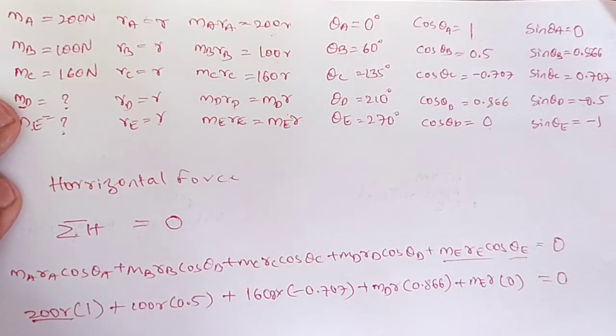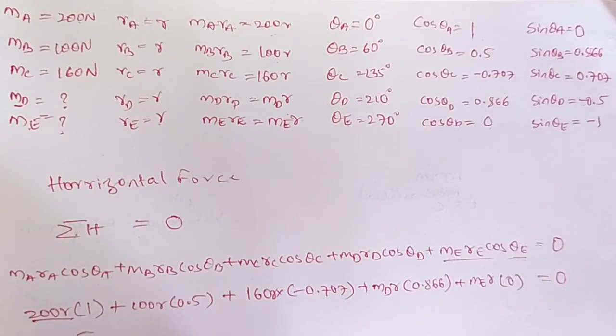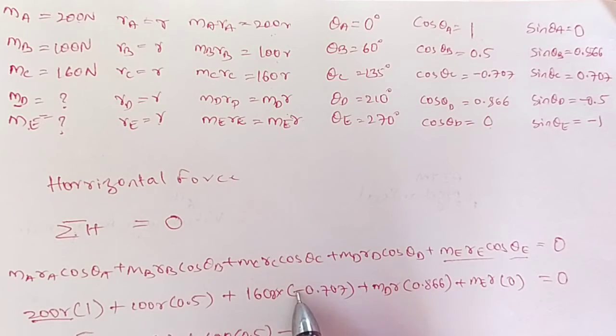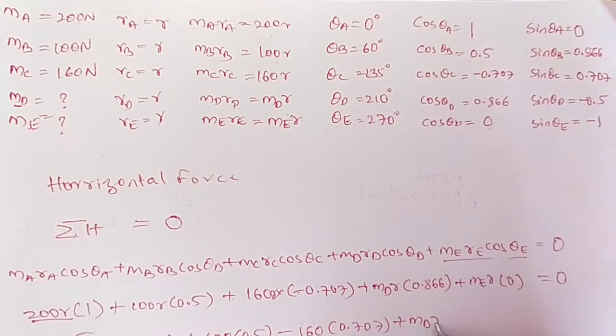I have just substituted the values. What is common in all terms? R is common, so I take R common outside. Minus into plus will be minus 160 into 0.707. The term with 0 multiplied will be 0.